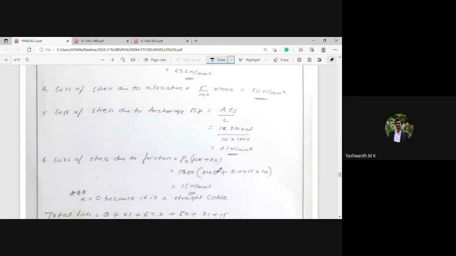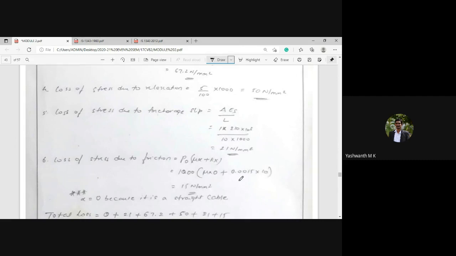Plus the wobbling effect, that is 0.0015, which has been given for the pre-stressing. In this, x is nothing but the distance over which it has been pre-stressed. In this problem, it has been pre-stressed up to the 10 meter length because the cable length is 10 meter, so I am going to substitute in meter, that is 10.